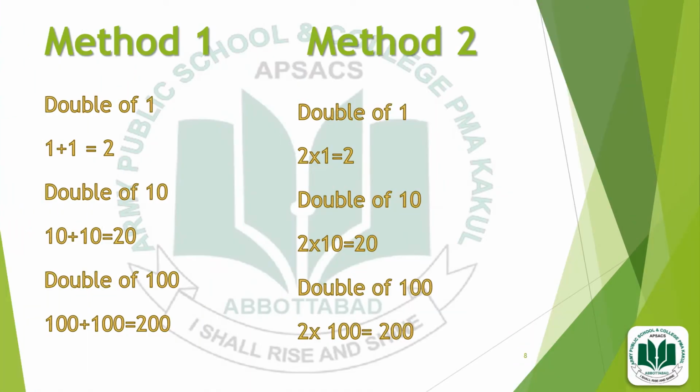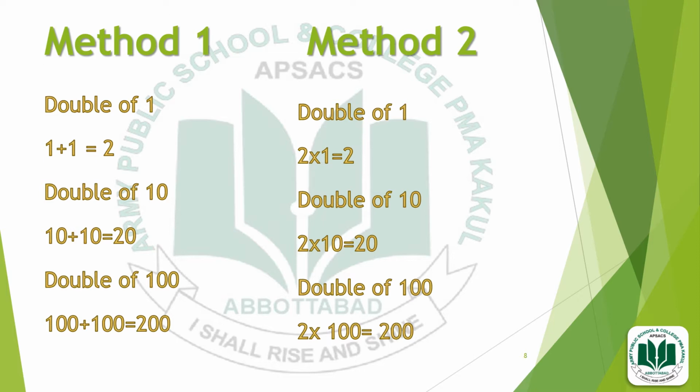Now dear students, I explain these 2 methods one by one with examples. In method number 1, we find the double of 1. We add 1 with itself. 1 plus 1 is equal to 2. It means that 2 is the double of 1. Then we find the double of 10.